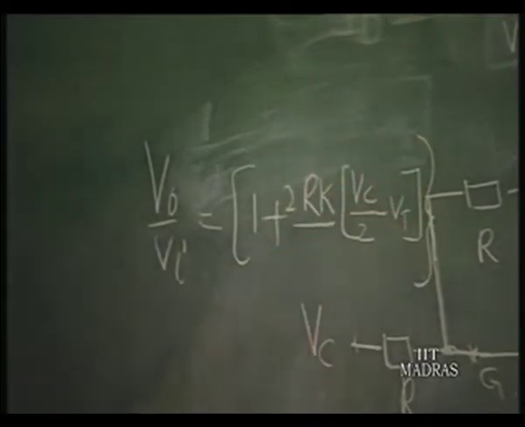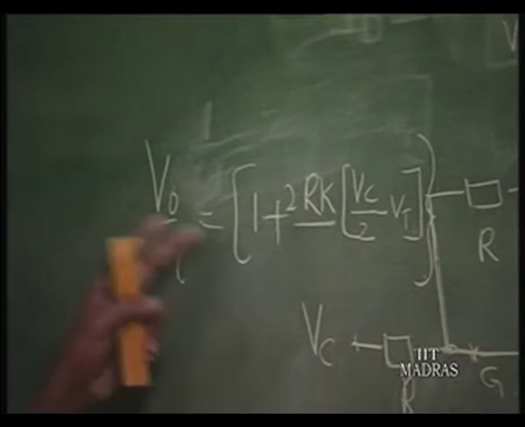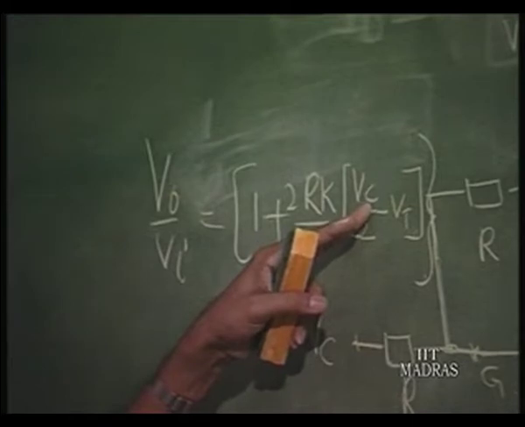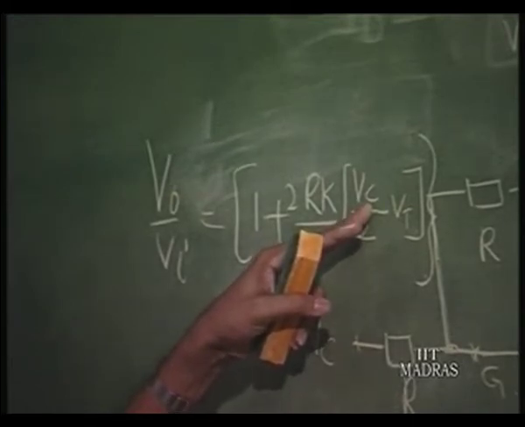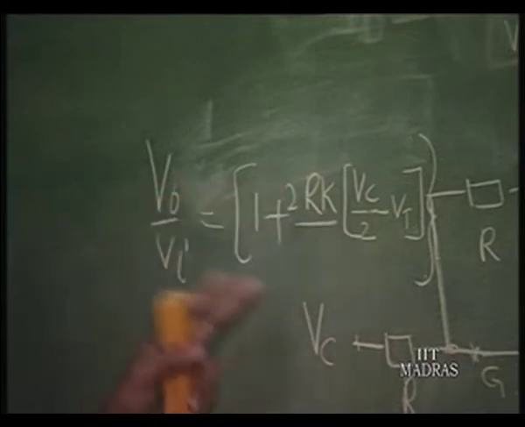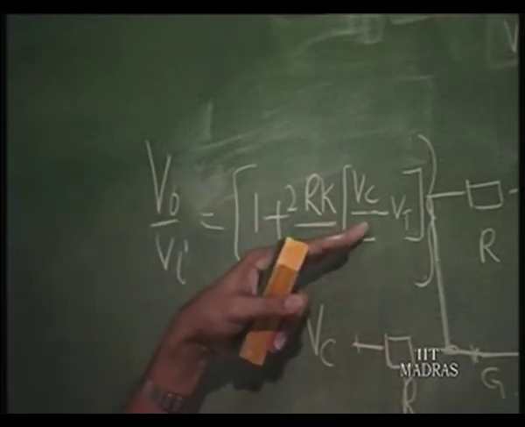So, this is the gain of this, that means it is now a linear voltage controlled amplifier. The gain of this amplifier V naught over Vi is directly proportional to Vc.